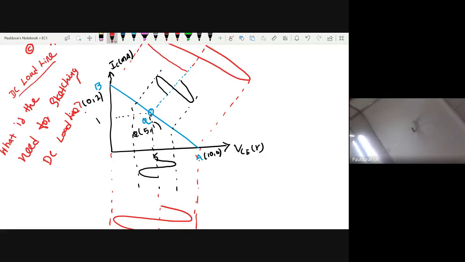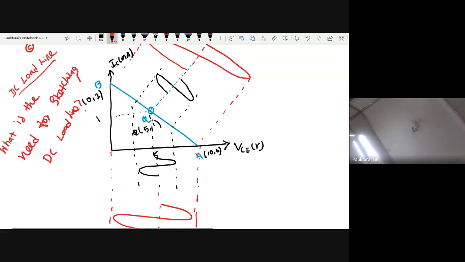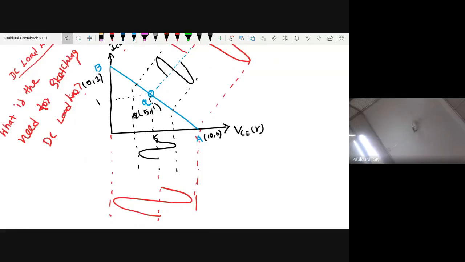Now, what is the maximum output voltage? Any guess from this red signal? The large signal, what is its amplitude? What I have taken is A equal to 10, 0, so 10 volt. So what is the maximum output voltage?